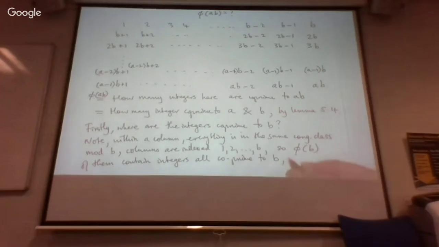So there we're using lemma 5.3. If everything within a column is congruent modulo B, then they all have the same greatest common divisor with B.